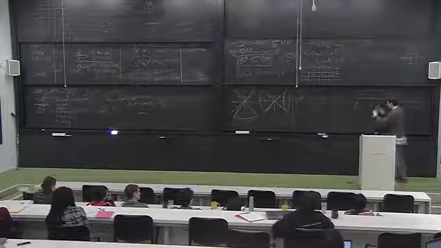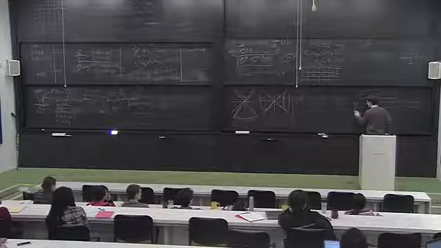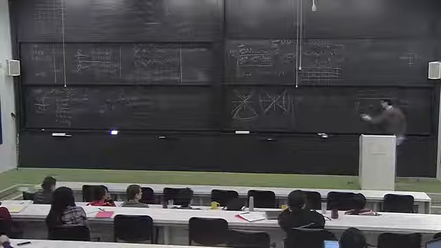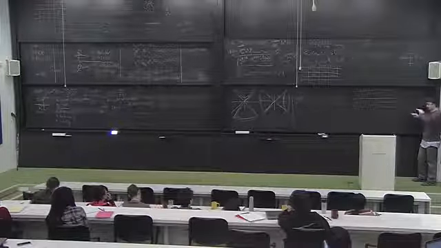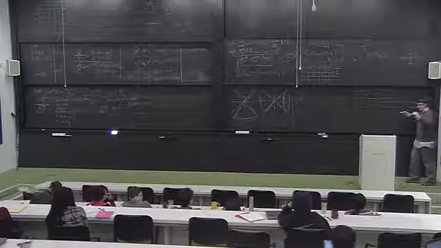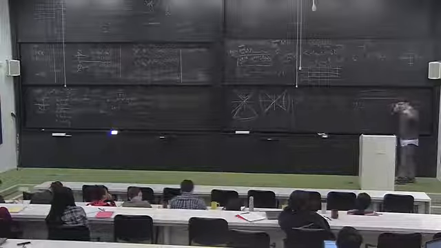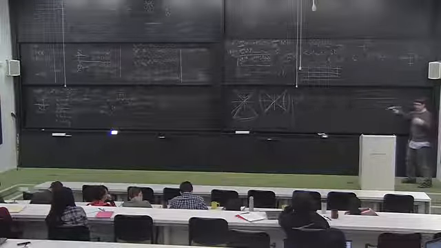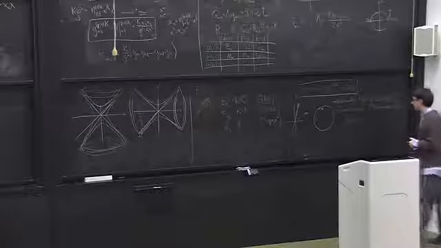There's no physical observable that can tell you if you're moving or not in Minkowski space. In other words, Minkowski space is boost invariant. So FRW is not boost invariant. There's some particular preferred frame in which the universe is evolving, and if you are moving with respect to that frame, you can tell. There's all sorts of observations you can do to tell that you're not in the preferred frame.